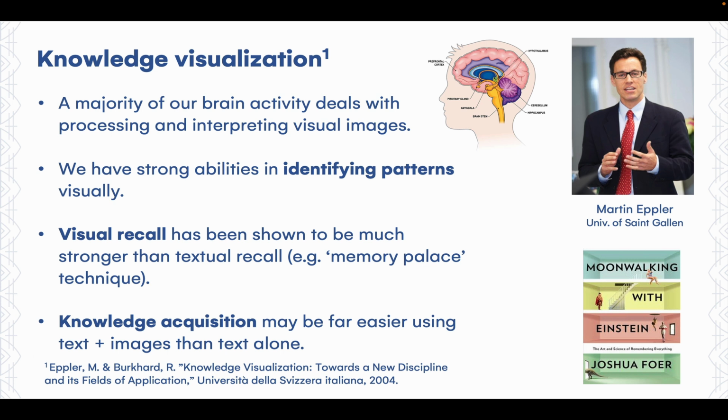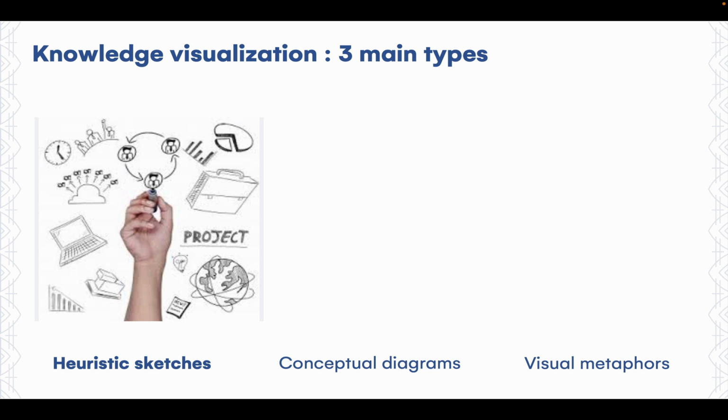So if you're thinking about how a team becomes smarter, there are some studies that have shown that acquiring knowledge through a combination of text, sound, and image may be more effective than just through text alone. And Eppler proposes three different kinds of knowledge visualization that we can each use to help our collective problem solving.